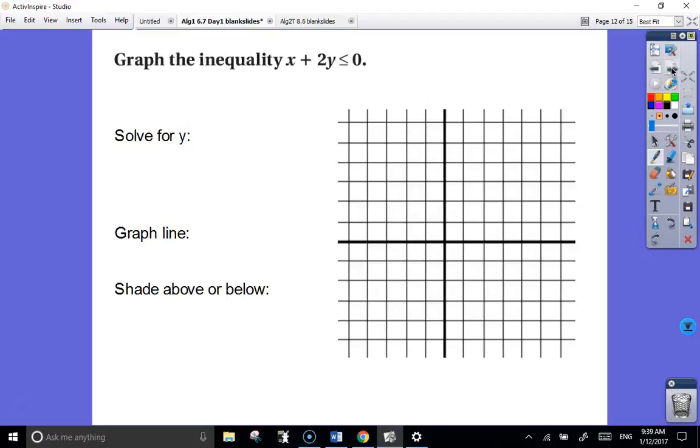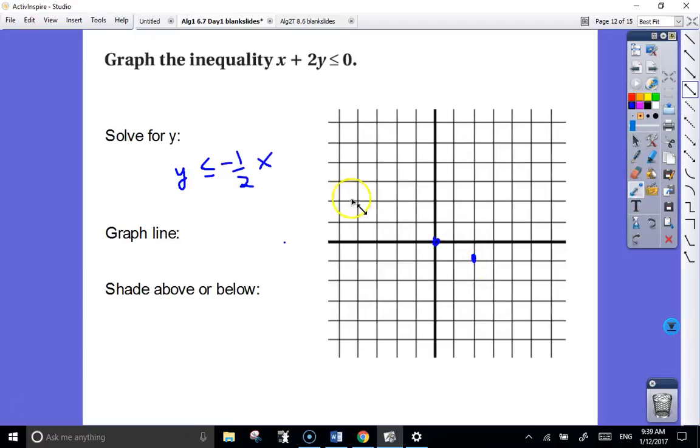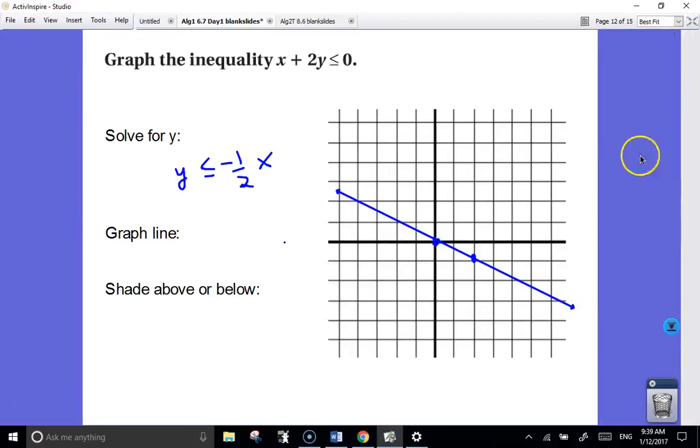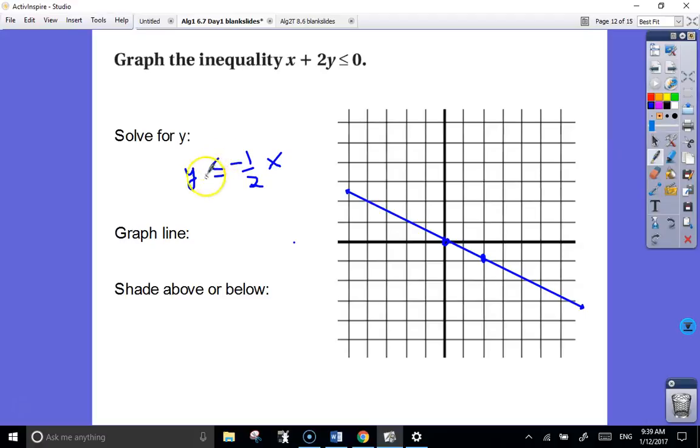So let's take the same problem, which we already solved. We said this was y is less than or equal to negative 1/2 x. We graphed this point and this point, and connected them with a line that looks something like that. Now, instead of doing a test point, according to these new rules, if this is less than or equal to, you shade below the line.